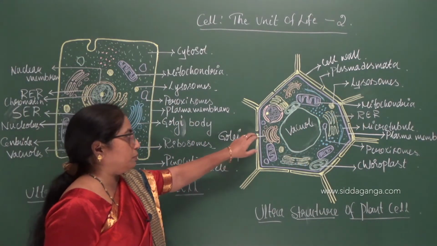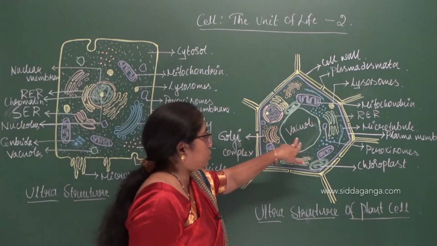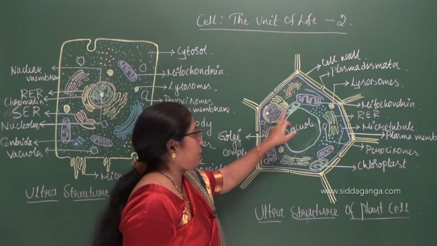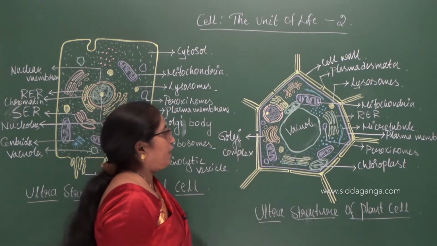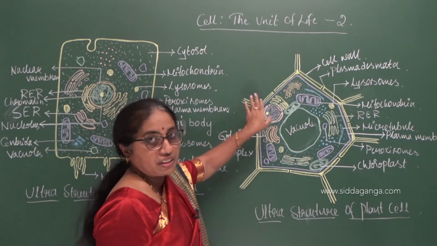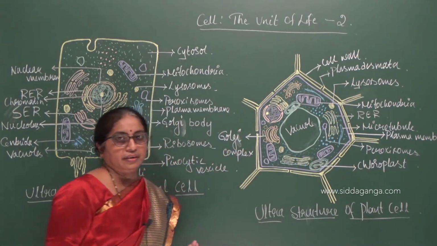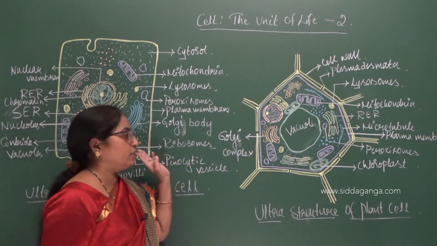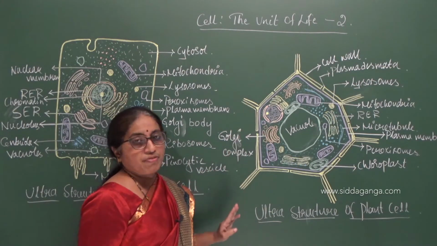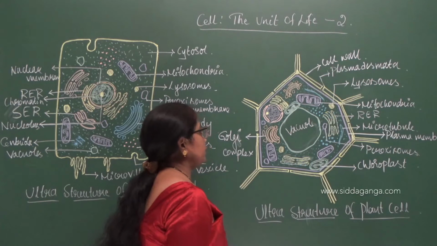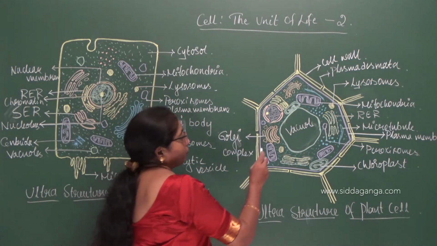Here the central space is occupied by the vacuole, and the outermost membrane of the vacuole is called the tonoplast, and this is the nucleus, which is at the peripheral region and not at the center. In animal cell you can see the nucleus is present at the center, but here it is at the peripheral region, and most of the space in the plant cell is occupied by the vacuole.